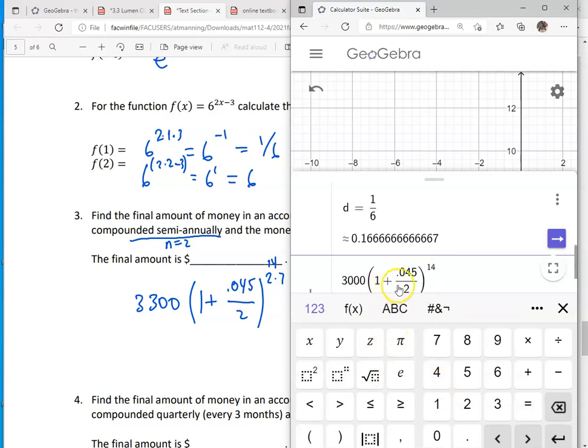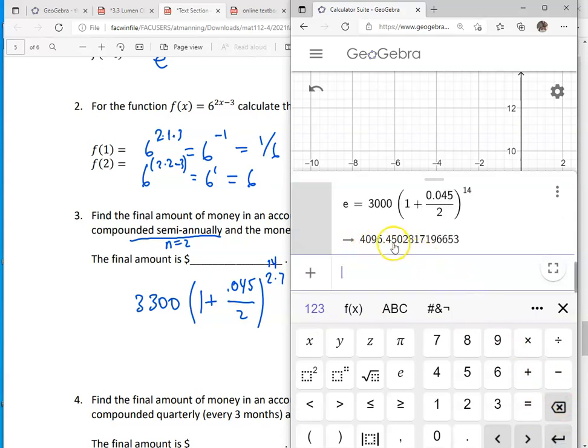So 1 plus a very small number to the 14th power will grow a little bit. Let's see how much it grows. So 7 years, $3,000 investment. I'm guessing maybe 4,100. Let's see what we get. Enter.